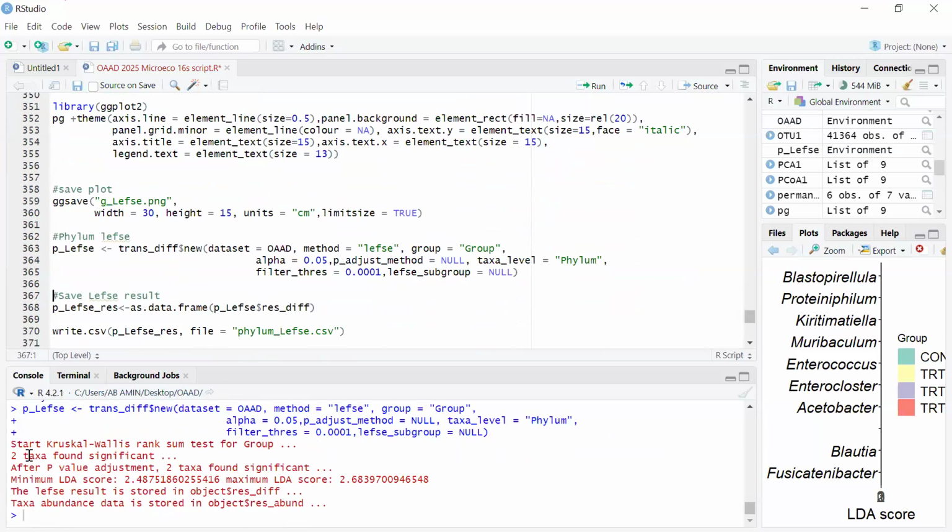And you can see that even after the Kruskal-Wallis test, only 2 taxa were found significant. After p-value adjustment, 2 taxa were significant. The minimum LDA score is 2.4 and the maximum is 2.6. So if we put 3 as threshold here, we will not find anything. So only 2 of them, meaning one is 2.6 and one is 2.4.